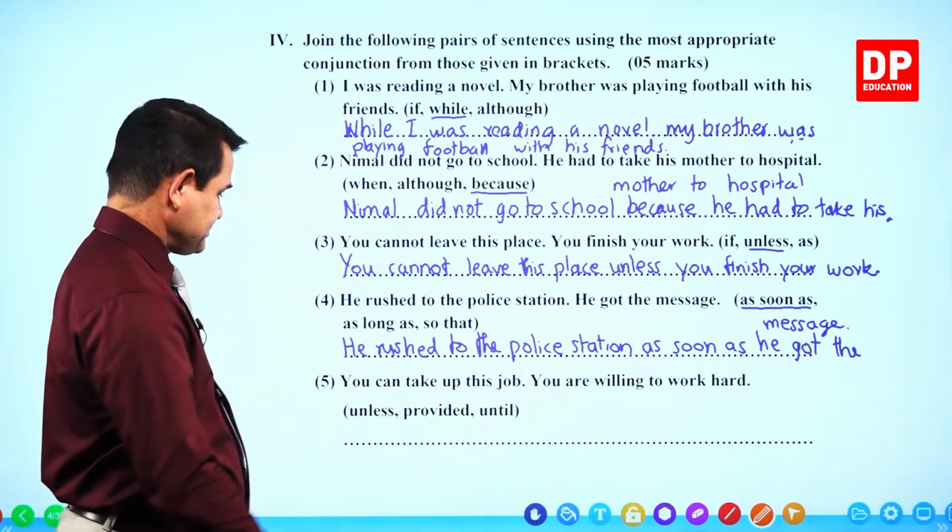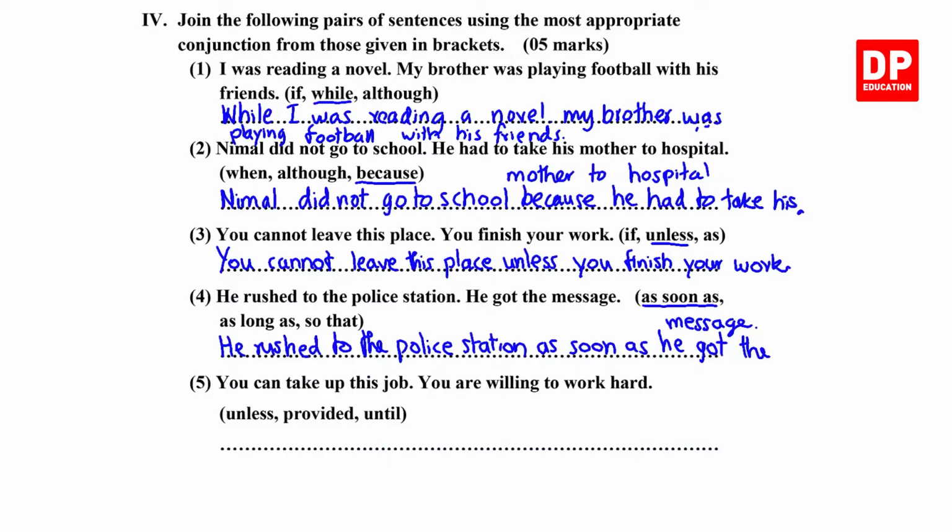Either way. So let's write. You can take up this job provided you are willing to work hard.